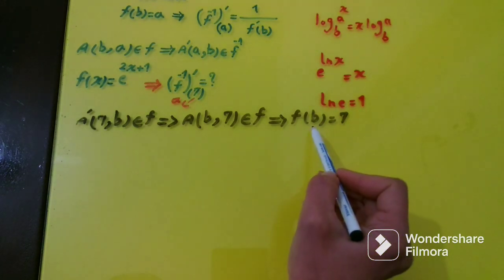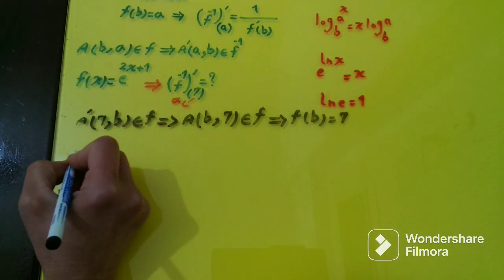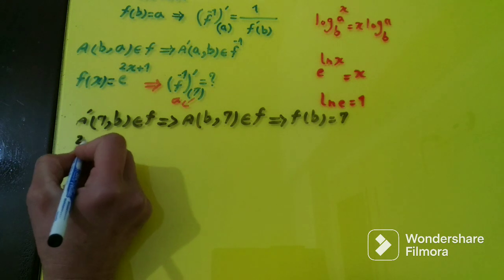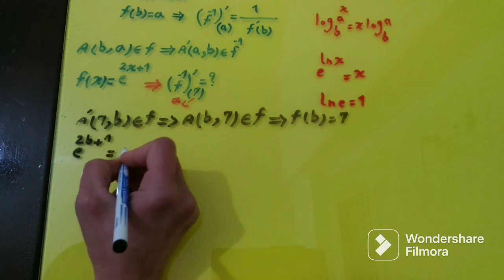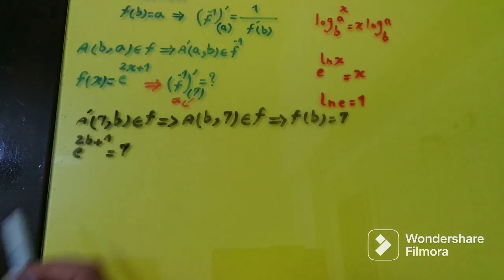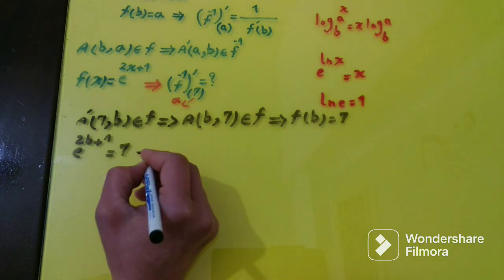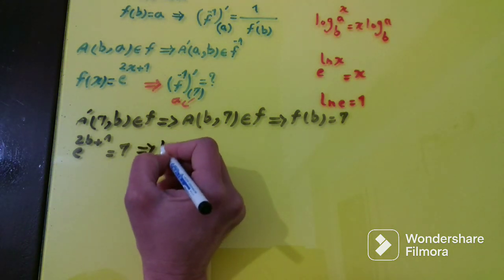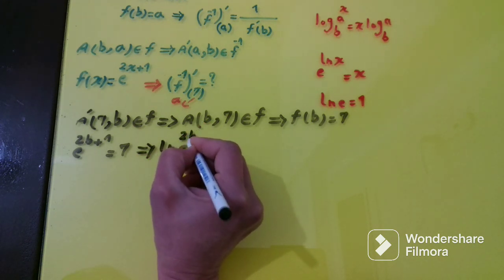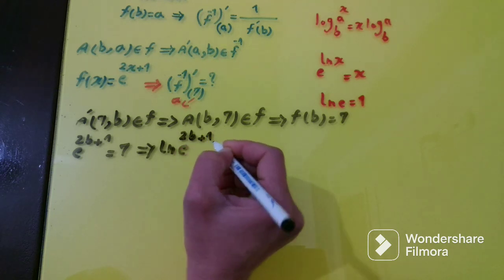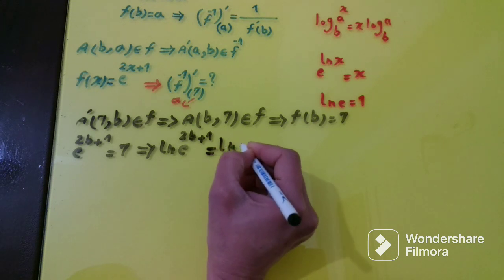Now replace b instead of x in this function. e to the 2b plus 1 is equal to 7. For solving this equation, we should take ln of both sides. So ln of e to the 2b plus 1 is equal to ln of 7.